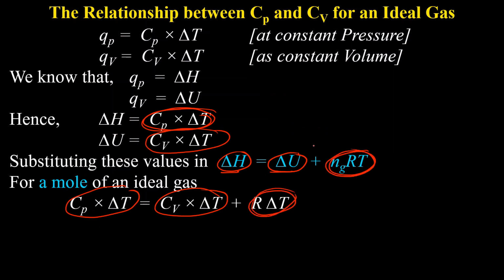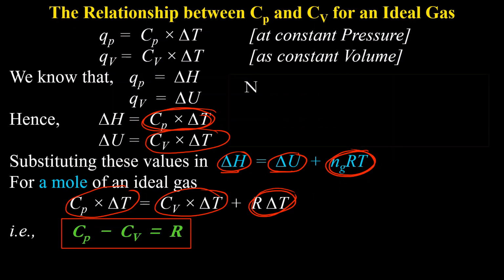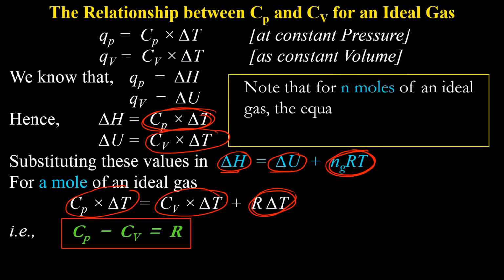Now you can see that delta T will get cancelled and we will get Cp minus Cv equals R. The only point you need to remember here is that it is for 1 mole. If we are talking about n moles, then we will say nR, n times R.